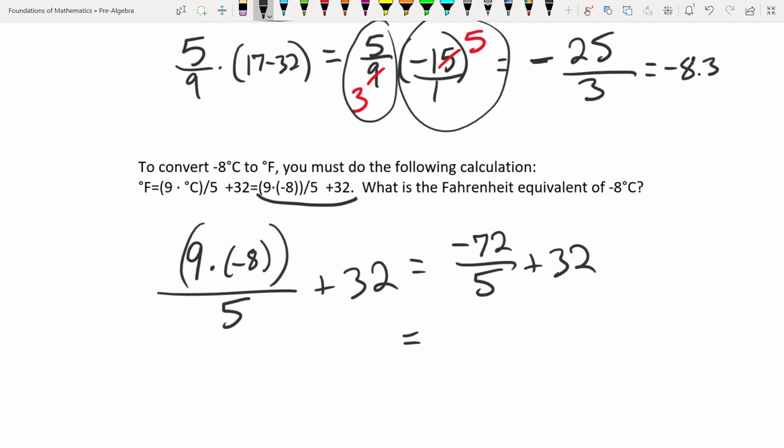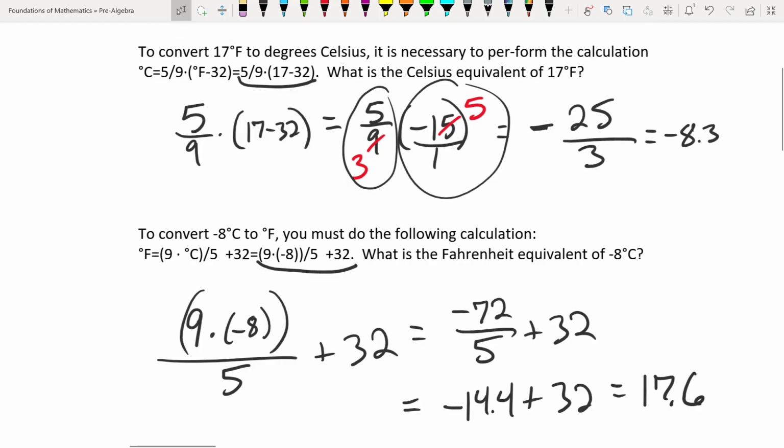Negative divided by positive is negative. Negative 14.4 plus 32, which gives us 17.6. So from the top one, we have 17 degrees Fahrenheit is the same thing as negative 8.3 degrees Celsius.